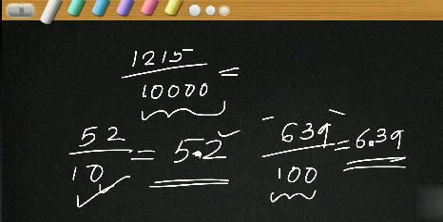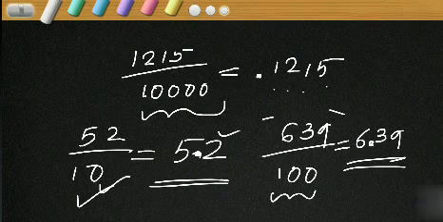So how many decimal places should be there in the answer? Yeah, in the answer there should be 4 decimal places. That means what we have to do? First write the number 1215. Here the decimal point has to be placed 4 places from the right, isn't it? So we write 0.1215. This is the final answer.